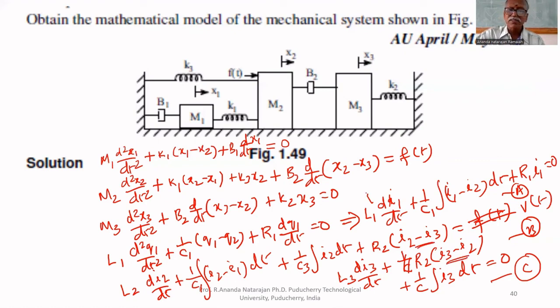In the first equation, it is between the first loop and second loop. Sometimes loops 1 and 3 will come. No such problem here. That's why only 3 loops.